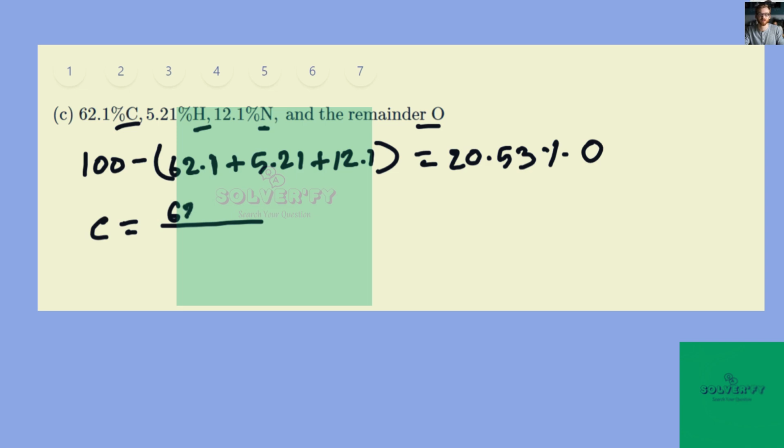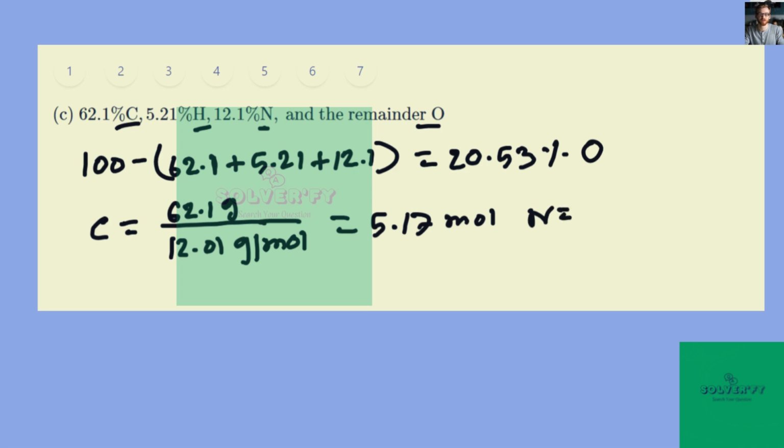And then for nitrogen, it will be 12.1, since that is the percent, over nitrogen's molar mass, which is 14.00, and it will give us a value of 0.86 mole.